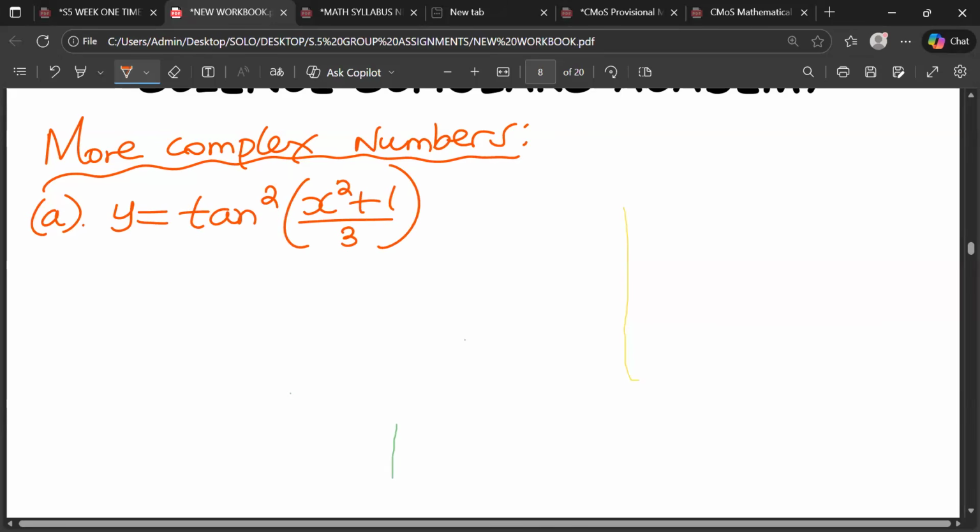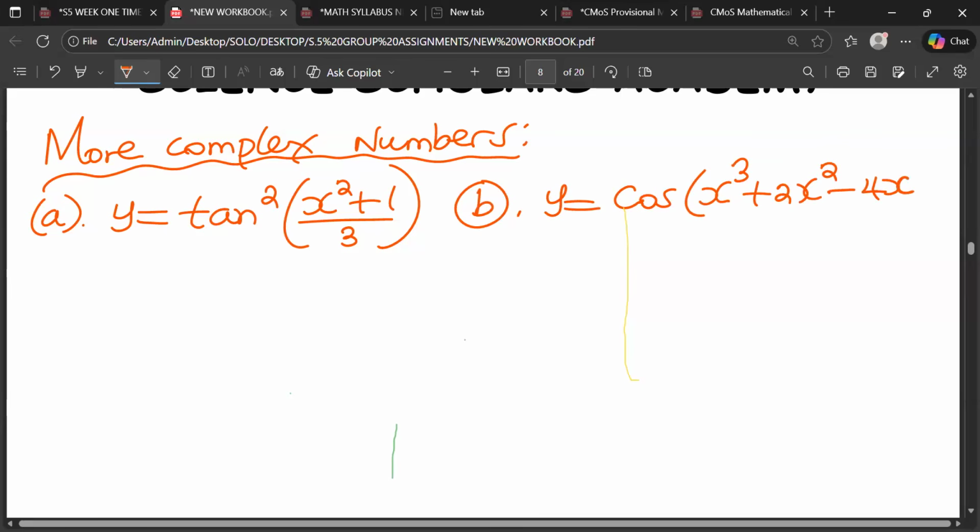You people tell me, is the number doable or not doable? Yes, you see those people saying doable.